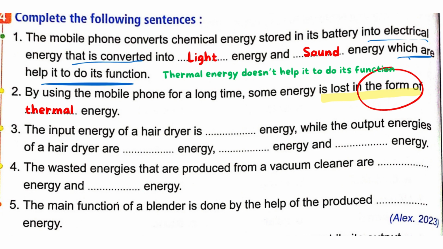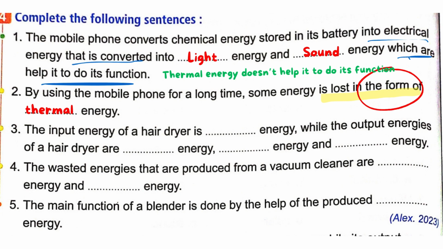But here it is an expression that this energy changes into another form that doesn't help the mobile phone to do its function. So it is lost in another form, but it means that it is converted into another form, not lost as in destroyed or disappeared.